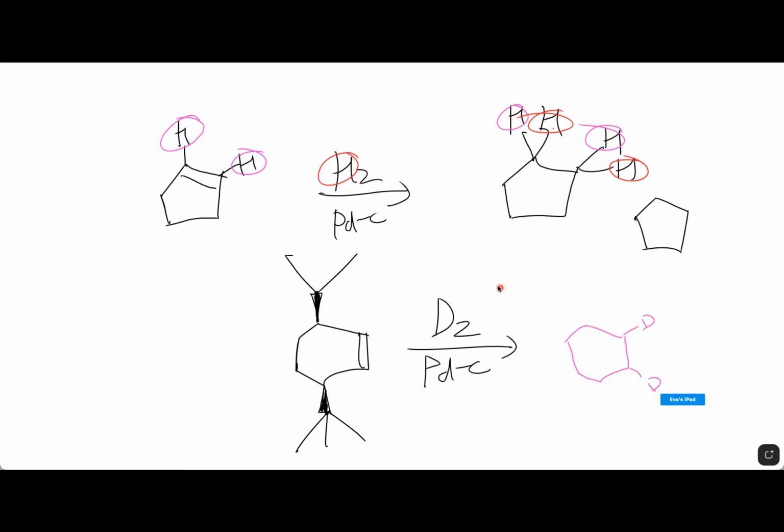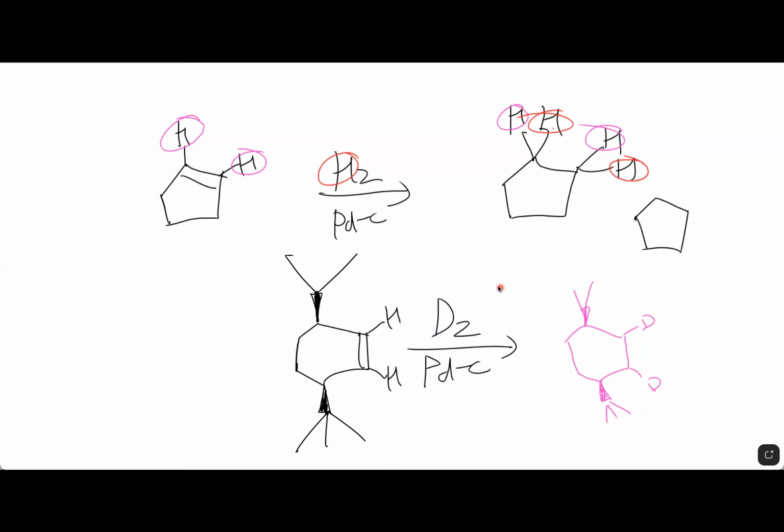That's right. So it's basically just replacing the double bond then? Yeah, it's just getting rid of the double bond and adding hydrogens or deuterium there. We're just adding hydrogens or hydrogen-type atoms to get rid of the double bond.